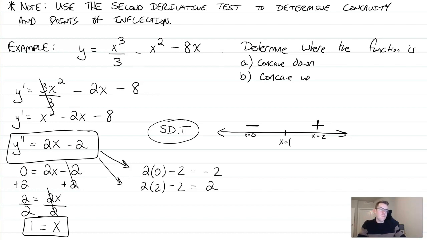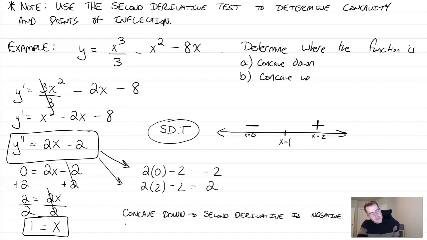Okay, now which one do you think is concave down? Well, concave down is going to be where your second derivative is negative. So concave down is where the second derivative is negative.